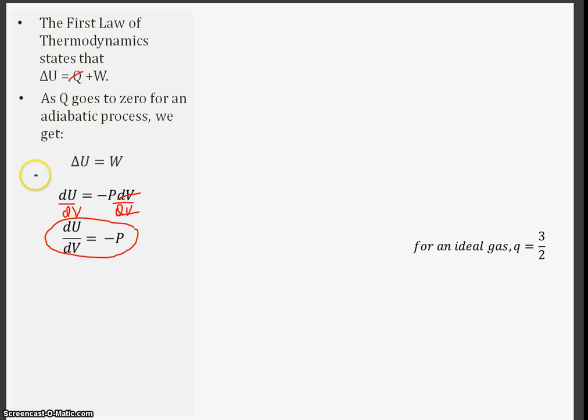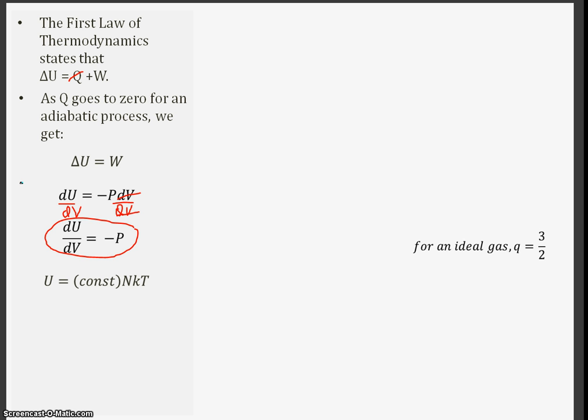In the meantime, we're going to get another expression for dU/dV by using the definition of what internal energy is. From the kinetic theory, we found that internal energy is some constant times nkT. It is proportional to the kinetic energy of each of the little molecules. That's why you have the n in there, and the kT is proportional to the amount of energy that each molecule has.